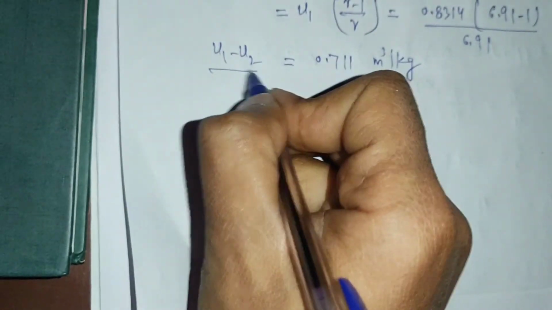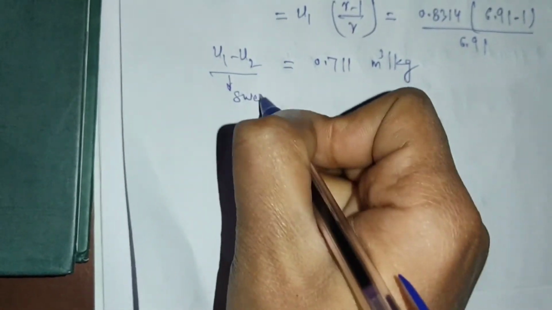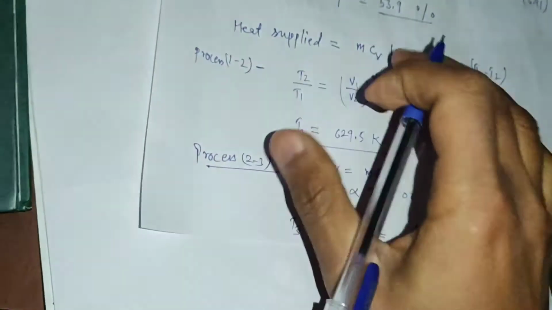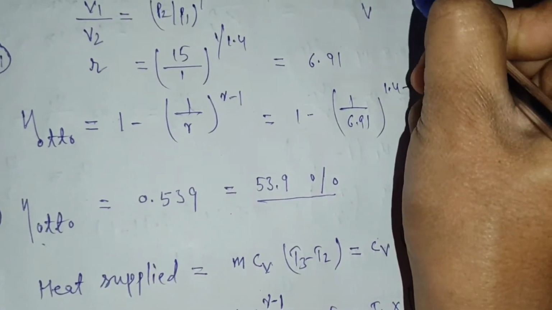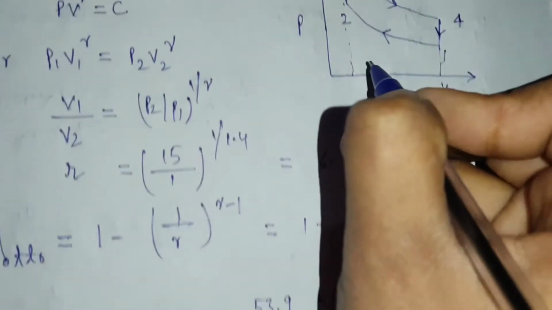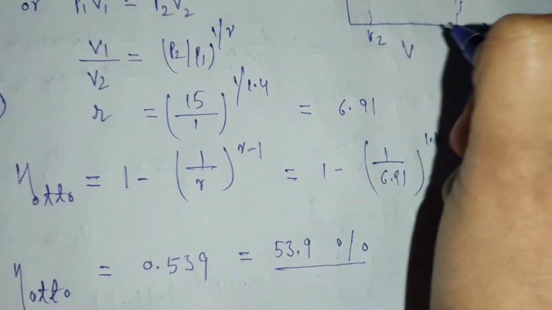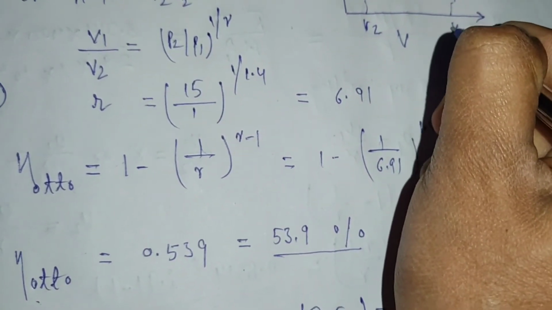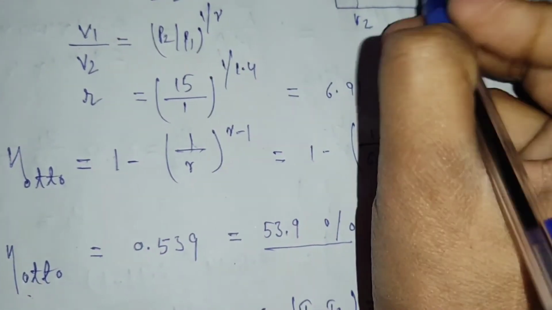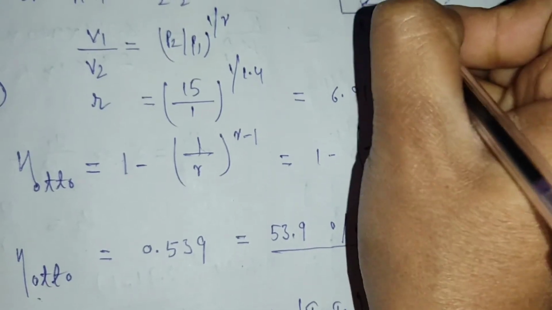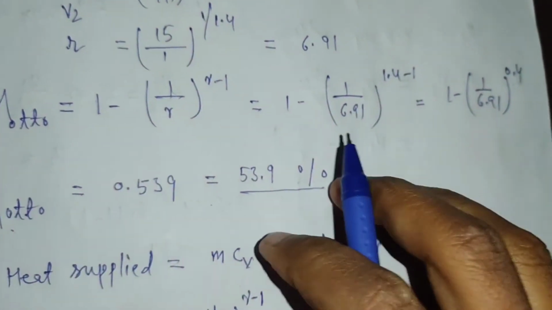So this is the swept volume. This is v1 and this is v2, so this volume, small v1 minus small v2, is the swept volume.